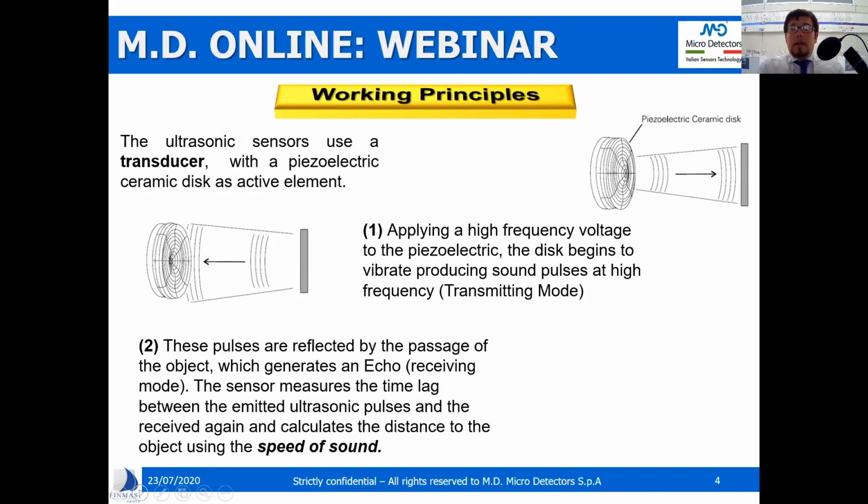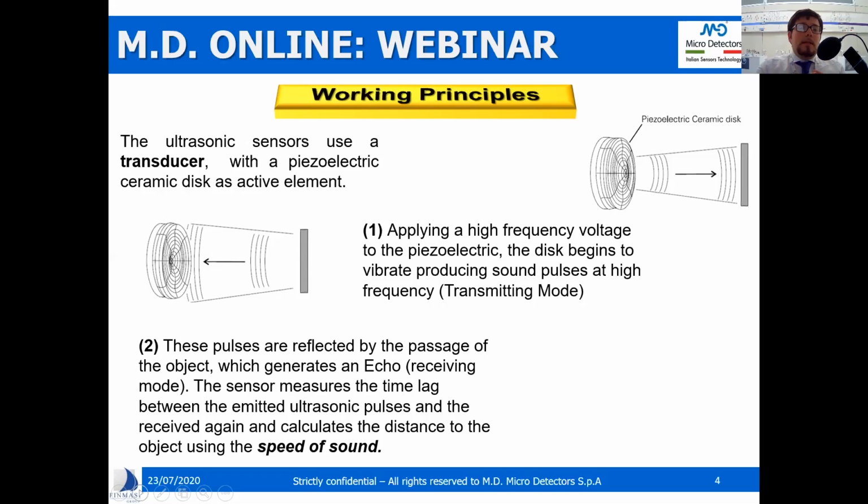Then the same waves come back always through the air towards the active head, towards the transducer itself, to be read. Here, the sensor translates these vibrations into electrical signals.